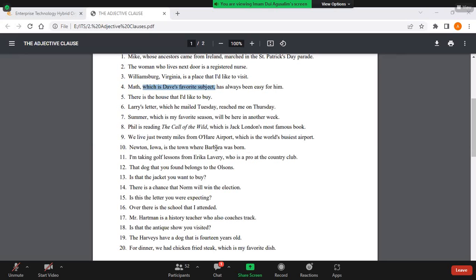So this one is "where Barbara was born." That is the adjective clause. Is there any question about the adjective clause? No, sir. Okay, let's go on to the adverb clause.